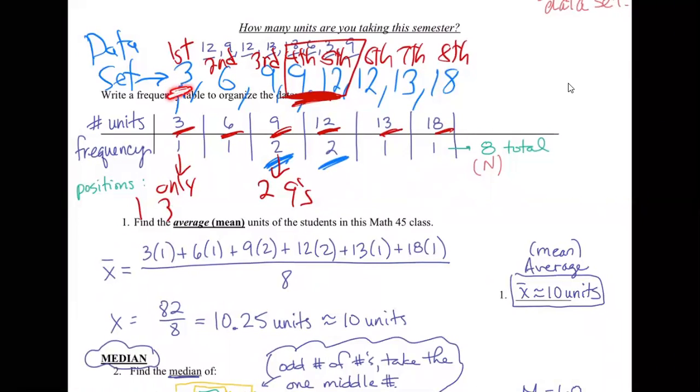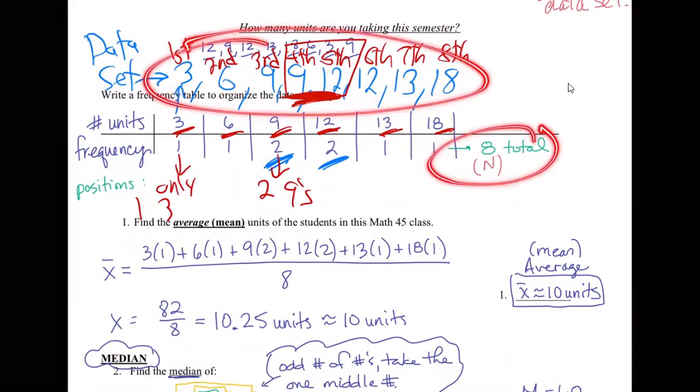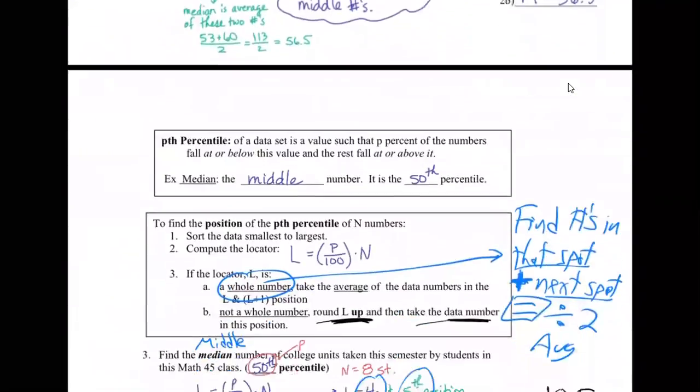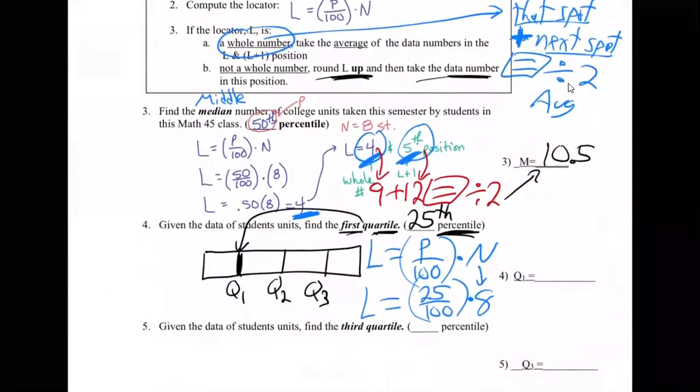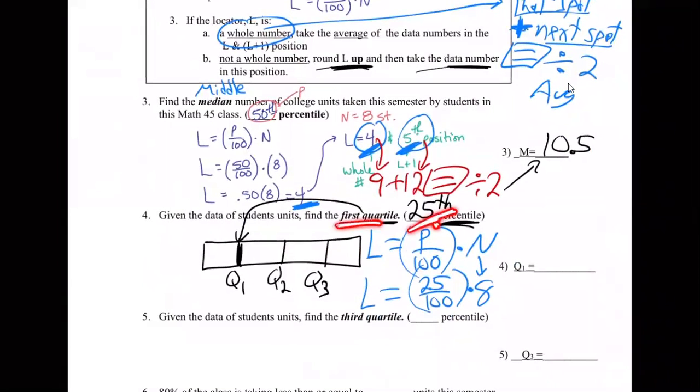One person's taking 3 units, one's taking 6, 2 are taking 9, 2 are taking 12, one's taking 13, one's taking 18. So we're talking about that data set. For that data set, that's 8 numbers total, right? So I'm trying to find the 25th percentile, the end of the first quarter.